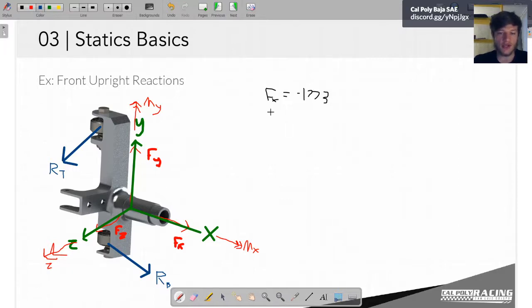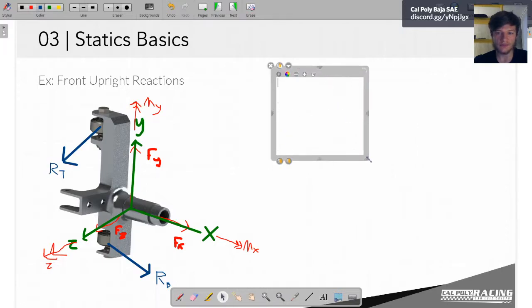And this is another good reason that you want to list your knowns and unknowns. So if someone were to just take a look at this, they might say, oh, you only drew one vector for RT and RB. Does that mean that you know what direction the force is? Well, no, we don't. So this is one of the reasons that we want to list our knowns and unknowns.